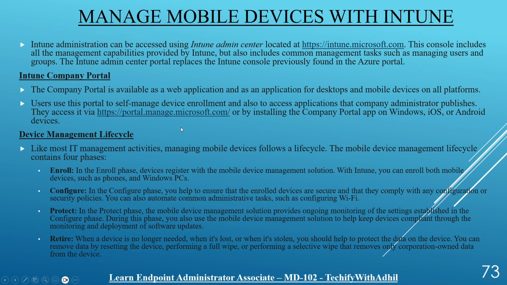In the 4th phase of removing the data, one option is resetting it, the second option is performing a full wipe, and the third option is performing only a selective wipe, meaning selective data only which is related to our company. By these many options, you can understand how convenient Intune is for managing.